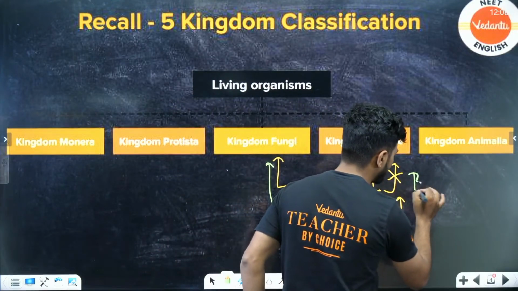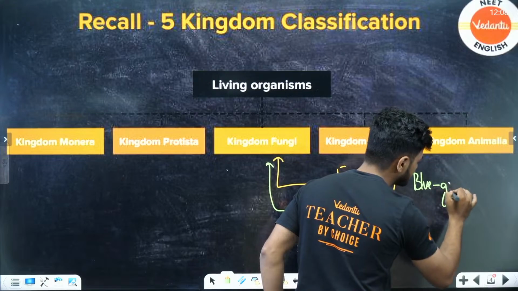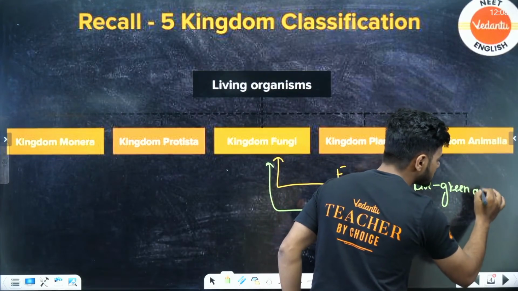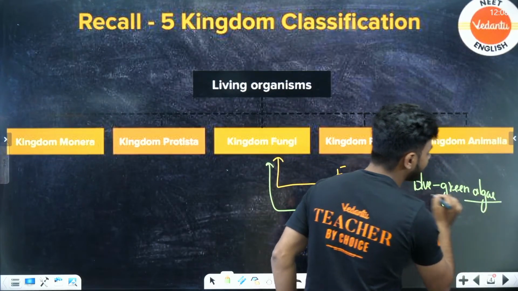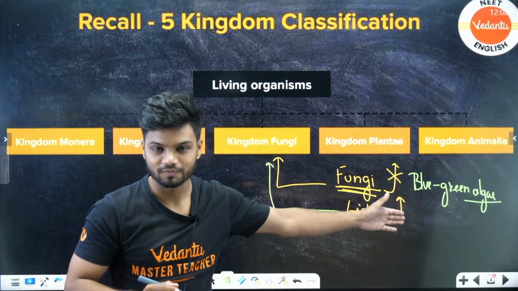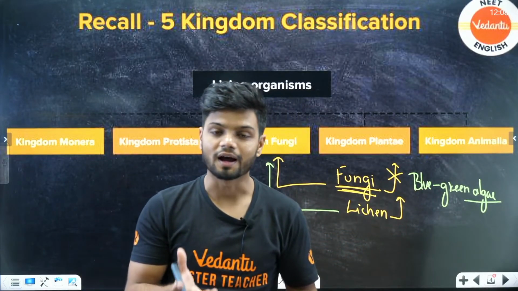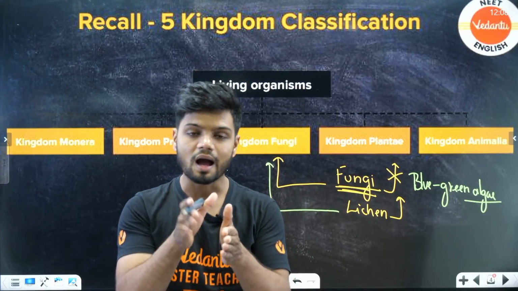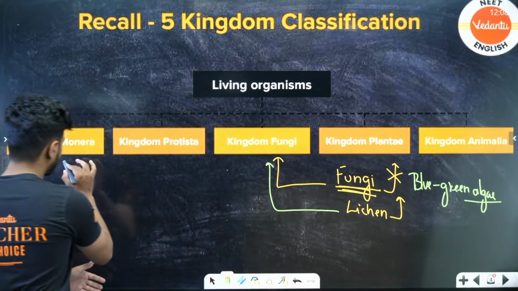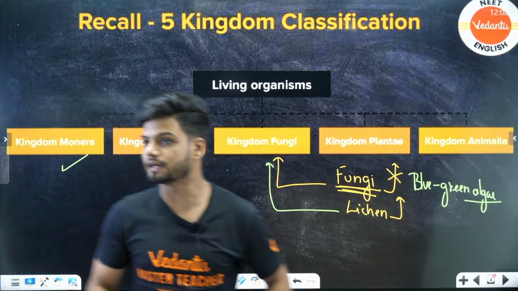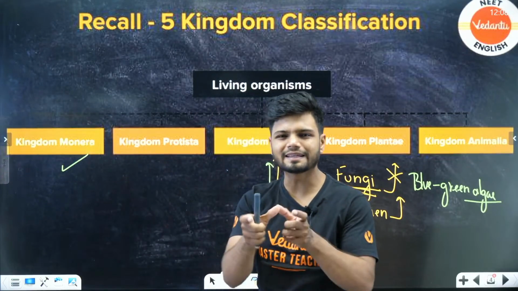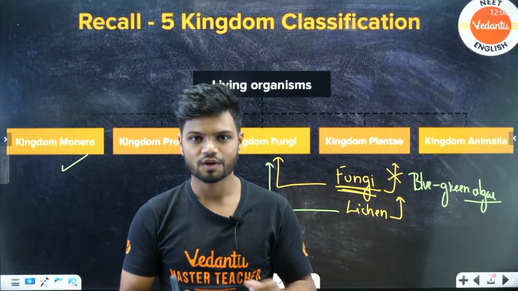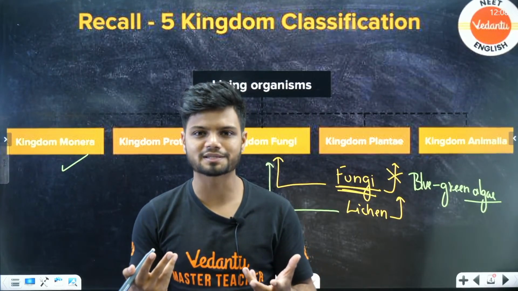But this blue-green algae is everything but an algae. And this cyanobacteria, also called blue-green algae, actually belongs to kingdom Monera, technically under eubacteria. So your kingdom Plantae is very complex.